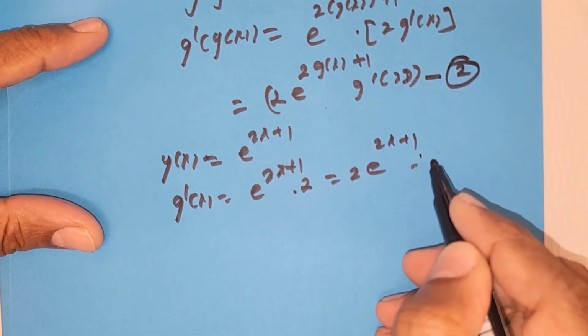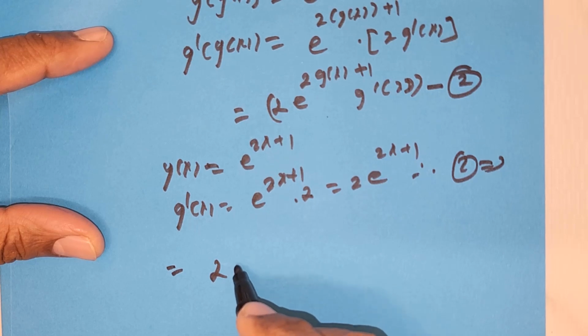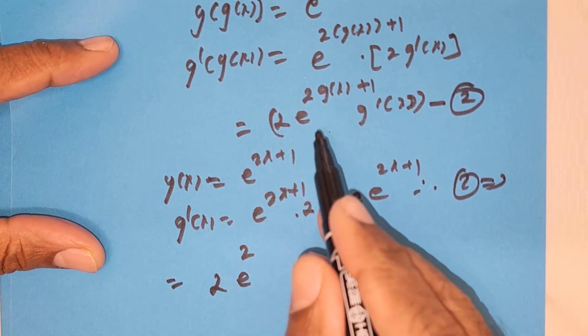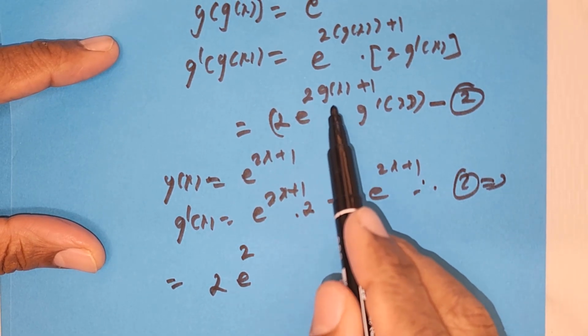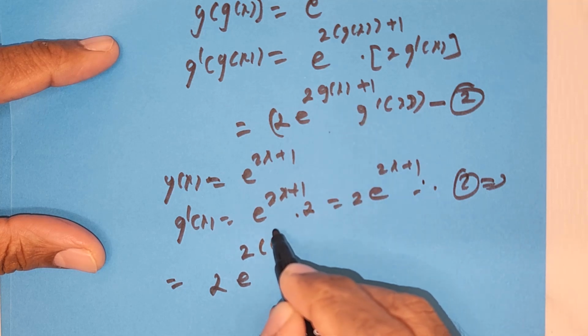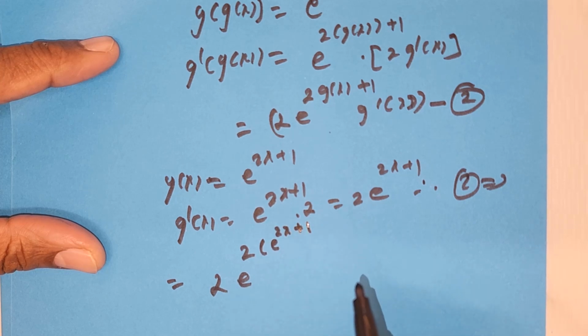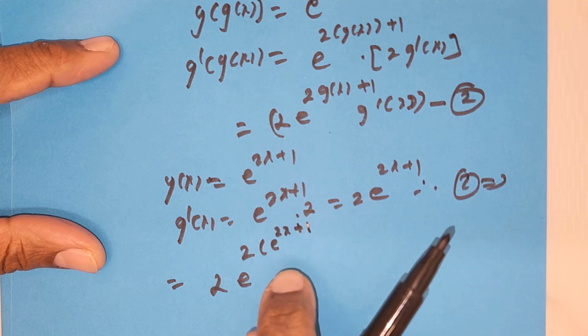So I'm going to write it as 2. So therefore 2 can be rewritten as 2 times of e raised to the power of 2 times of my g of x. My g of x is e raised to the power of 2x positive 1. Is it not?